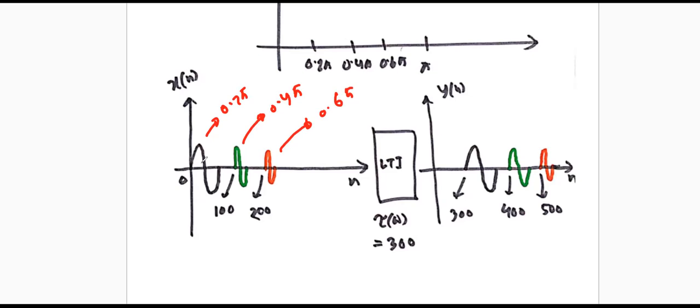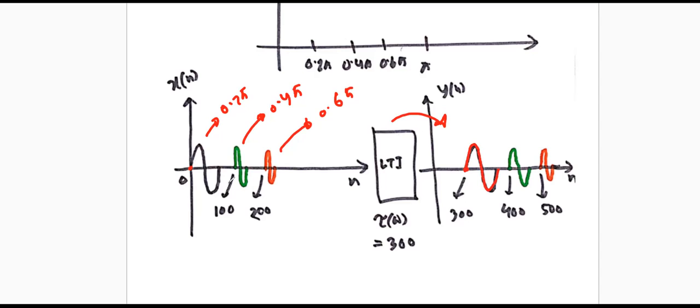As we already understand, all the frequencies will face the same amount of delay. So what will be the starting point at the output? Of course, it will start at the position of 300, because 300 is the delay. So from 300 it will continue like this.